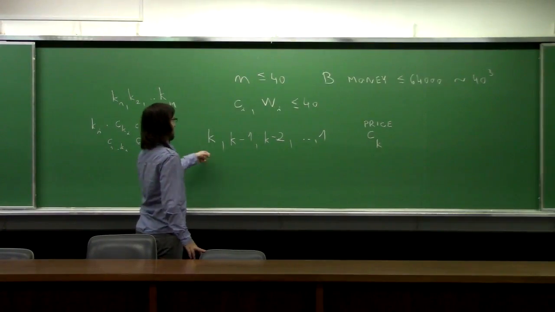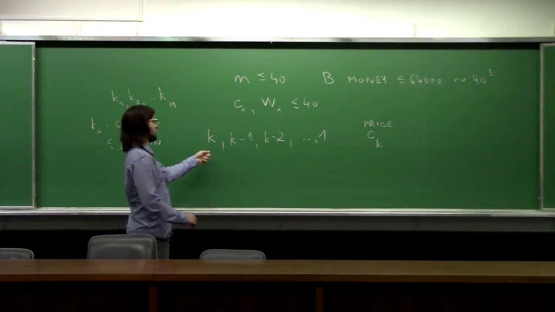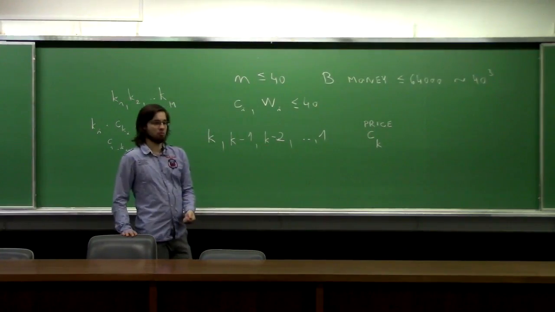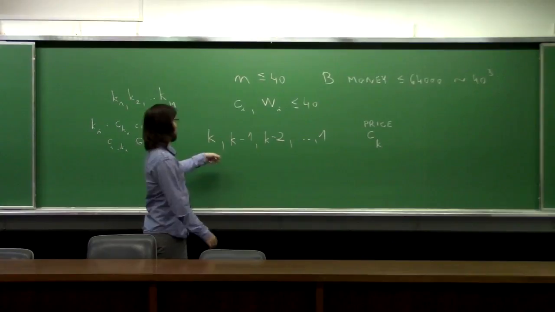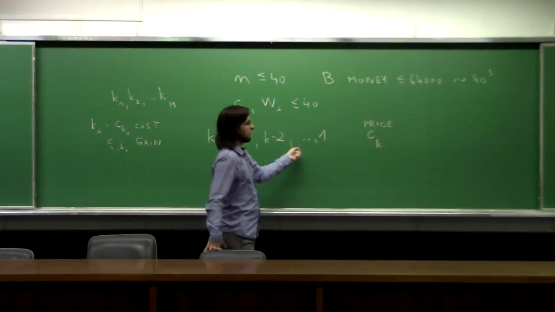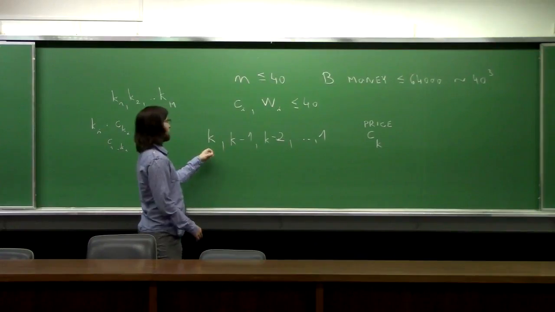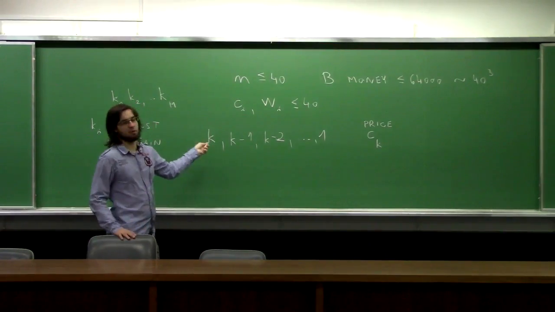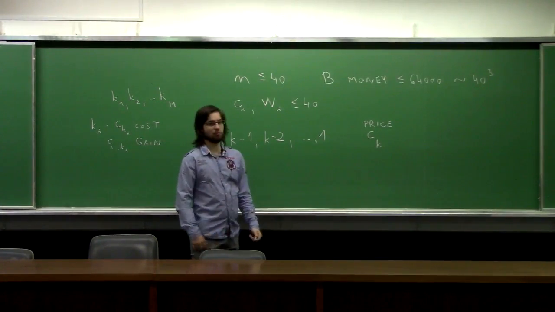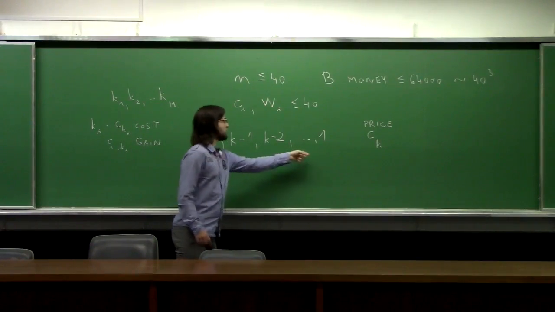It is possible to buy a sweet K if there are some sweets left in this machine, and for example, if there are no sweets of type K-2 left, then the machine just will give us a sweet K, K-1, nothing of K-2 because there is nothing left, K-3 up to 1. But if there were those sweets of this first type left, then it would give an error. It isn't possible to buy nothing of this type and something of these types.